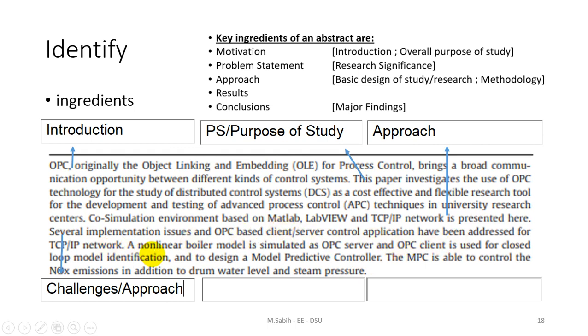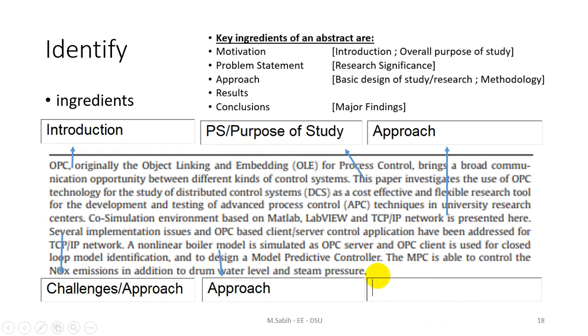And the next thing is, a nonlinear boiler model is simulated as OPC server, and OPC client is used for closed loop model identification and to design an MPC, model predictive control. A nonlinear boiler is simulated. So this is also the approach.